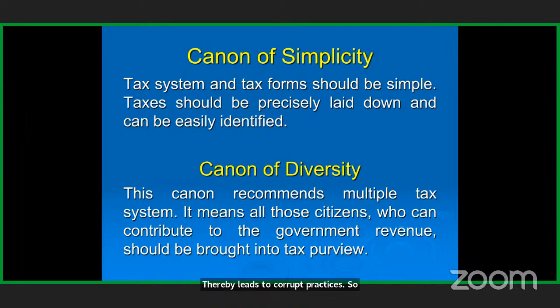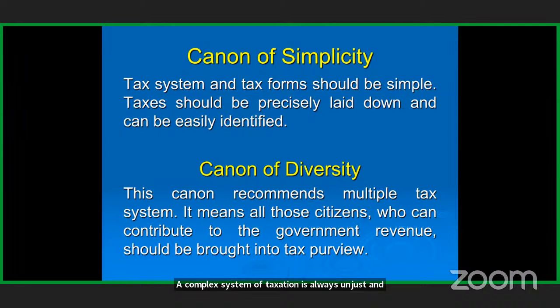So people do not hesitate to pay taxes when the tax system is fair and simple, when its implications are understandable without the help of tax experts or consultants. A complex system of taxation is always unjust and uneconomic.